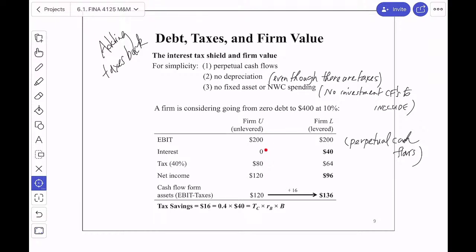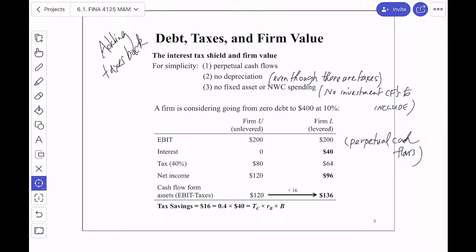So that's zero for the unlevered firm. There's no interest payment. For the levered firm, there's going to be 10% of the $400 issue of debt. So that's $40. You can think of these in the millions if you like, but I keep the numbers simple to make the point and not complicate things with the math.